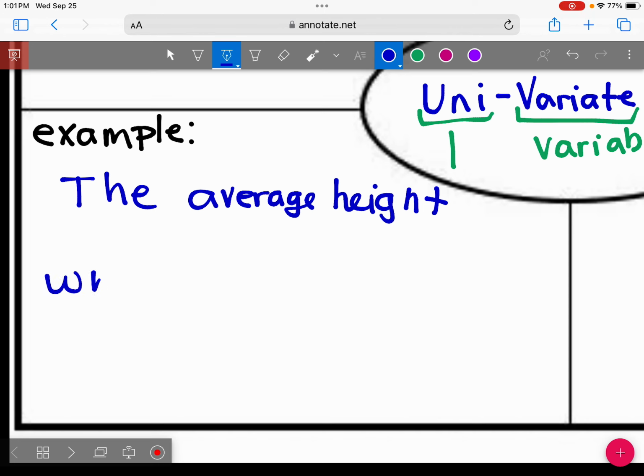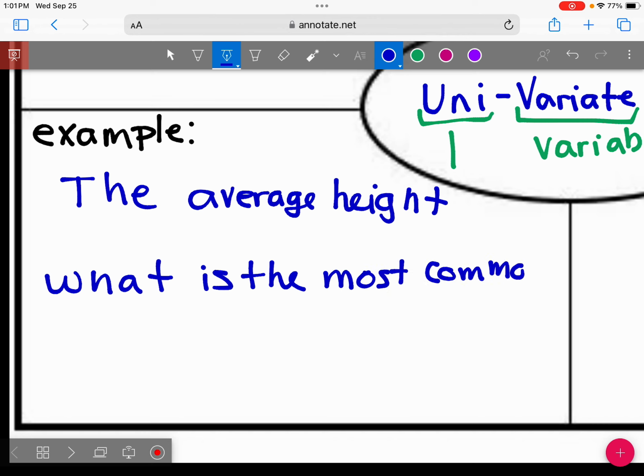Or what was the most common favorite season? So it has to be data that we know in order to be able to make predictions of it, but we can use the data that we collect to gather that.